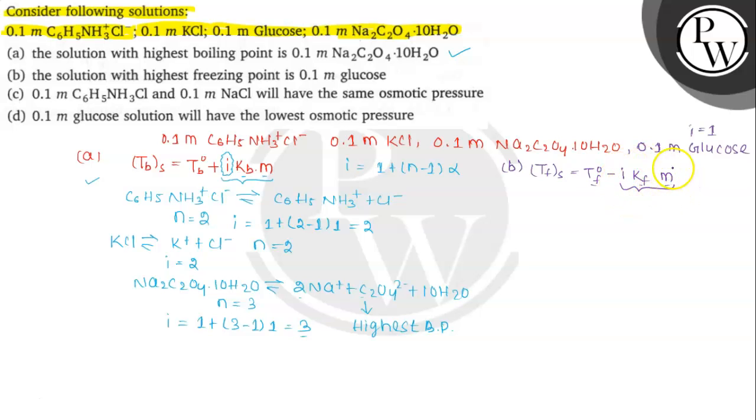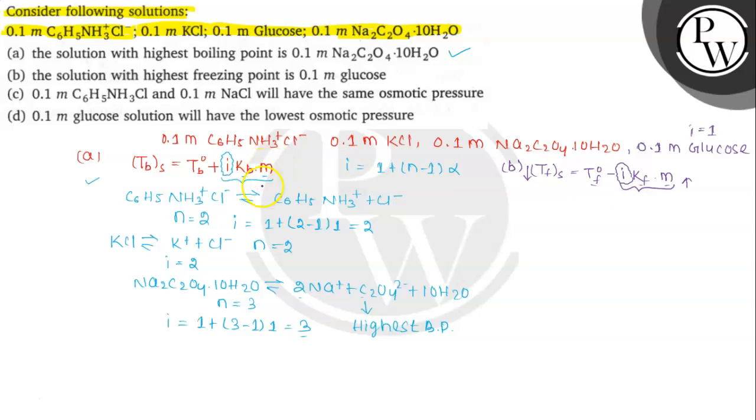If this part increases, then the freezing point of the solution will decrease, because we subtract it from the freezing point of the pure solvent. So for the freezing point of the solution to be highest, this part should be lowest. So the i value should be lowest.